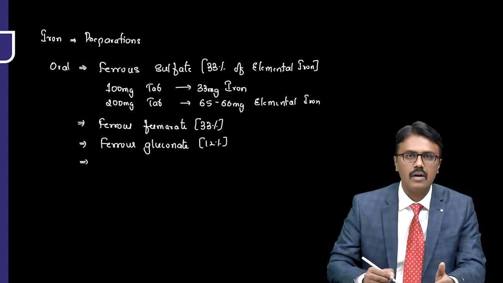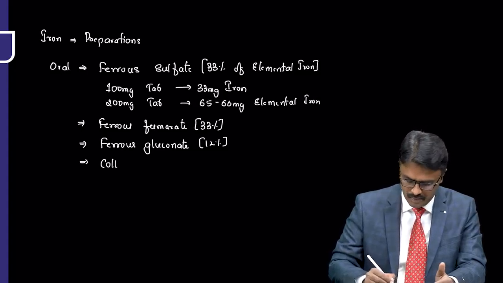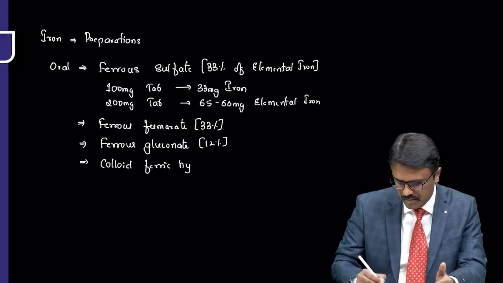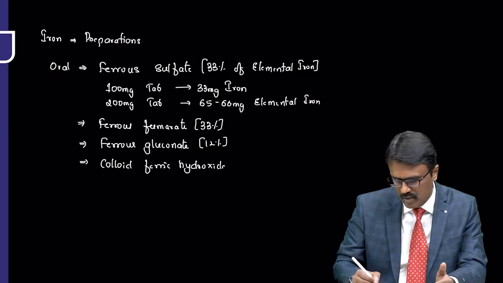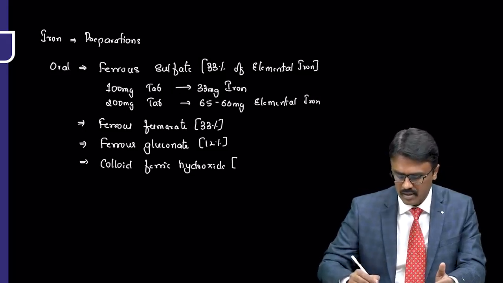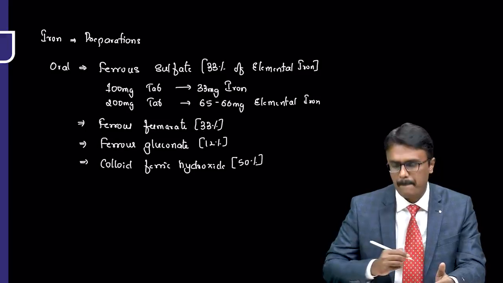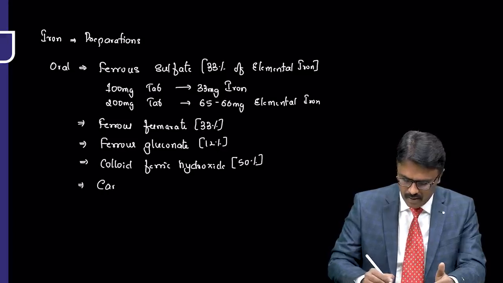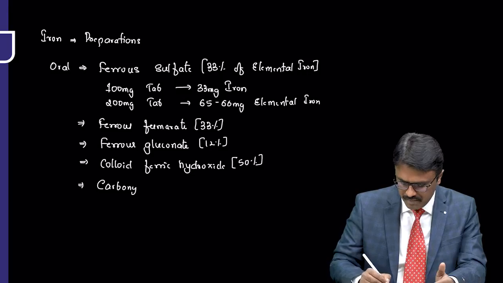Then we have colloid ferric hydroxide, which has 50% iron. And recently we have come up with an iron called carbonyl iron.